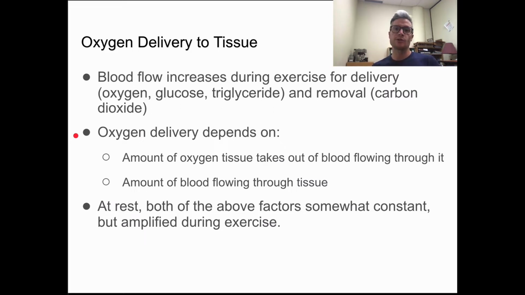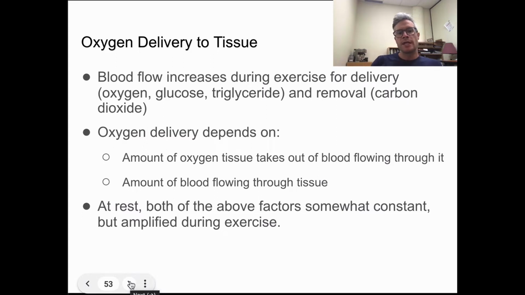Those two factors together decide how much oxygen delivery occurs, and this makes sense on the surface. At rest, both of these factors are pretty constant, but when we're exercising, we need more oxygen delivery to our cells and working tissues, so that happens.